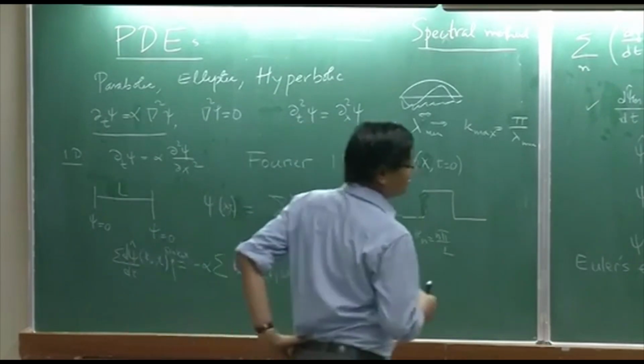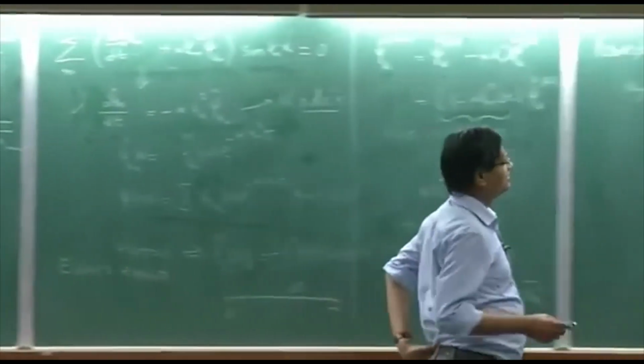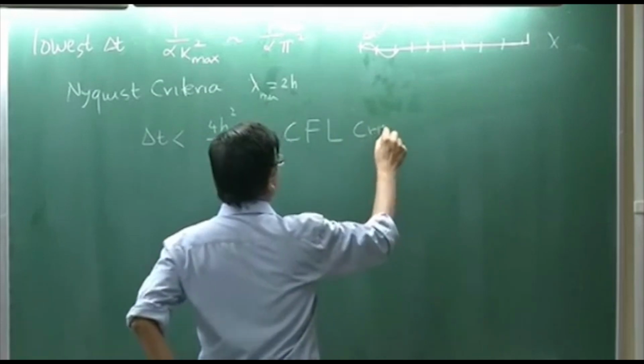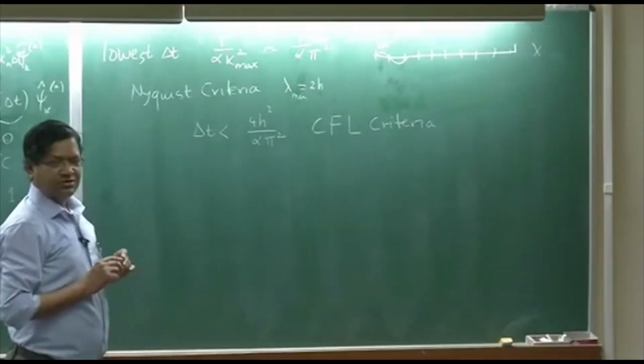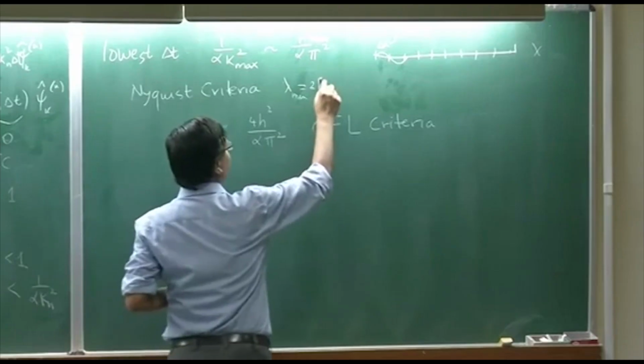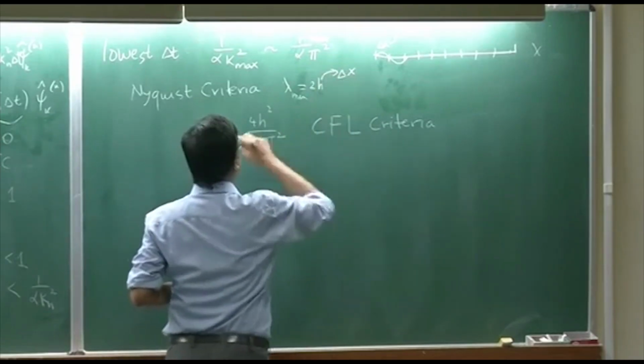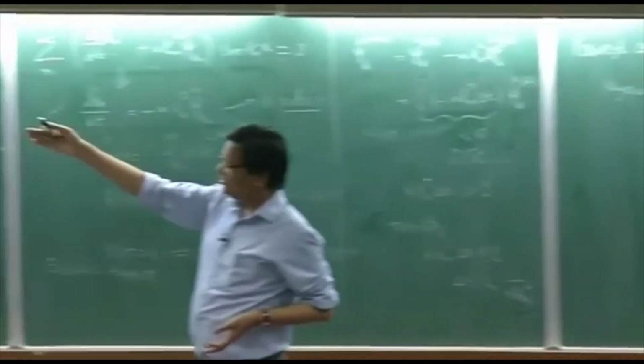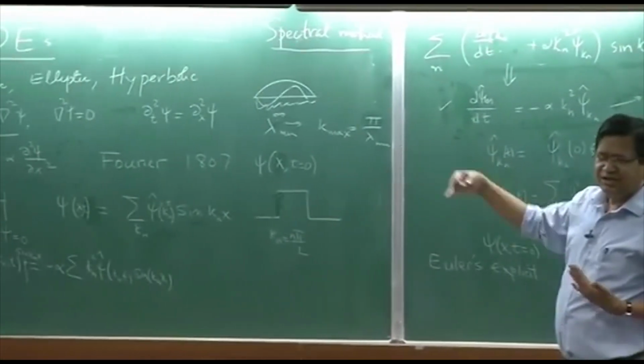Okay, and this is called the CFL criterion. So I know what should be my delta x and what should be my delta t. Now this is how we solve the diffusion equation in the spectral method.